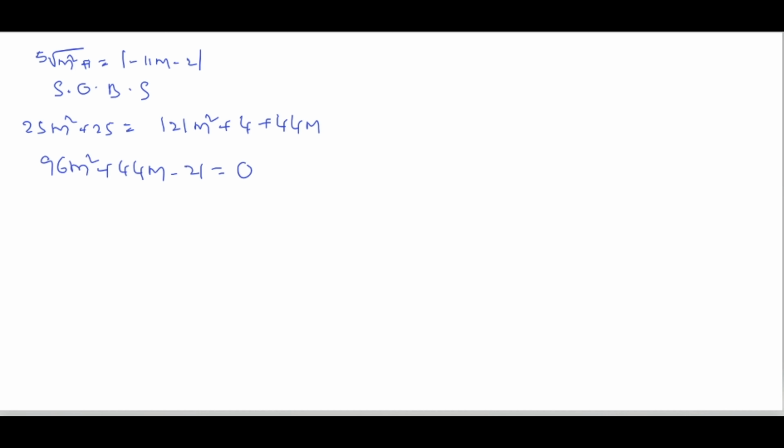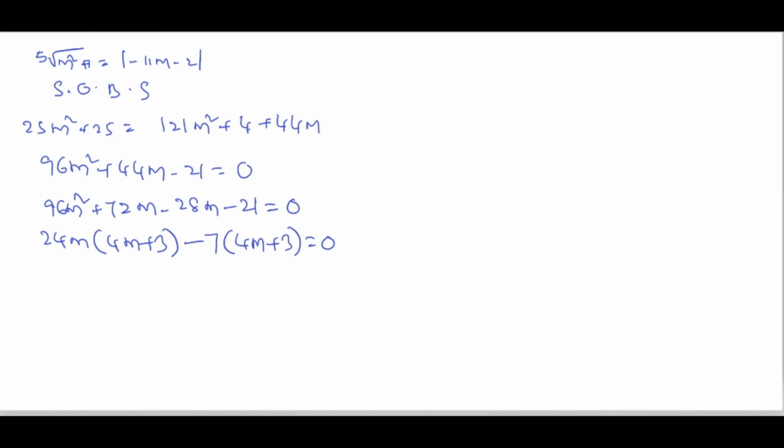This is a quadratic equation in m. Now I find the roots of this equation, that is 21 into 96. This is written as 96m square plus 72m minus 28m minus 21 is equal to 0. So take 24m common, that is 4m plus 3, and minus 7 common, that is 4m plus 3 is equal to 0. Again 4m plus 3 common, that is (24m minus 7) is equal to 0.